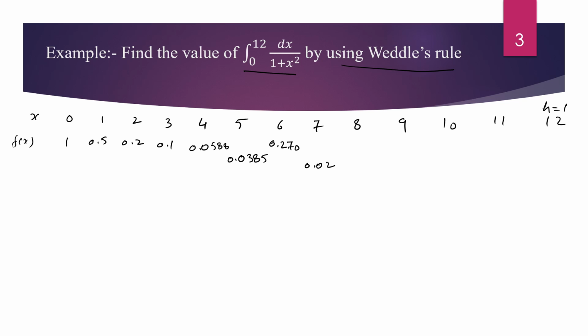For 8 we have 0.0154. For 9 we have 0.0122. For 10 we have 0.0099. For 11 we have 0.0082, and for 12 we have 0.0069. So this is the value of f.